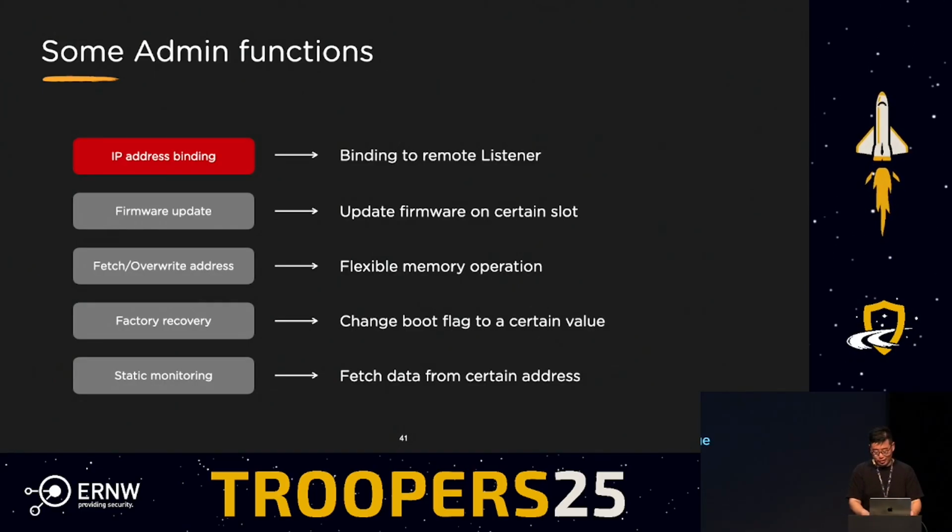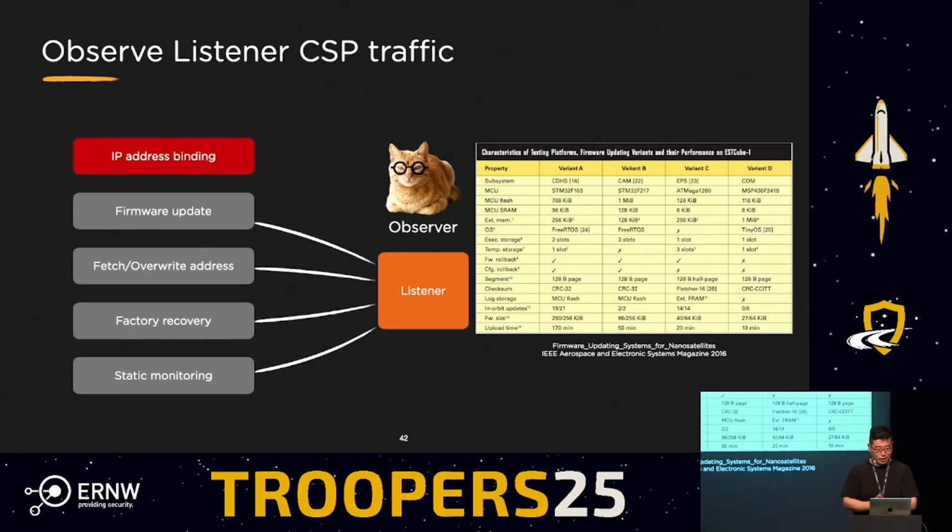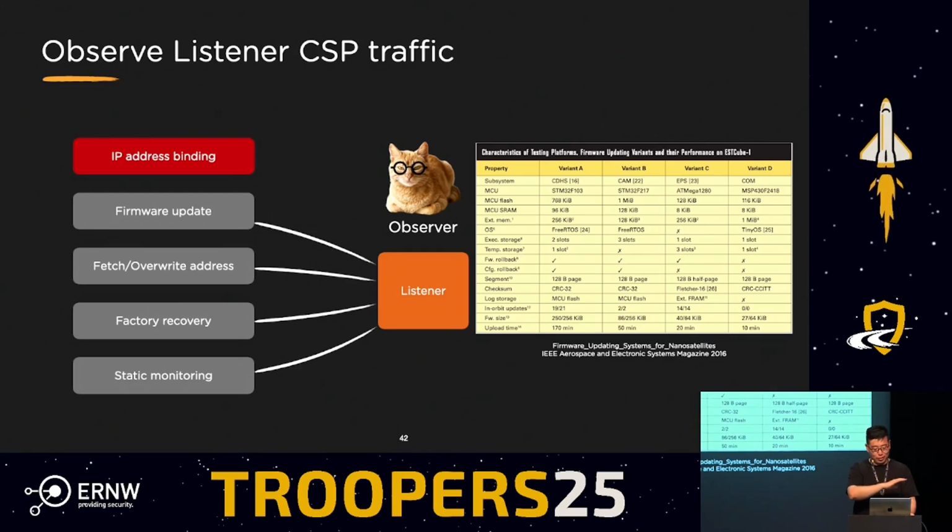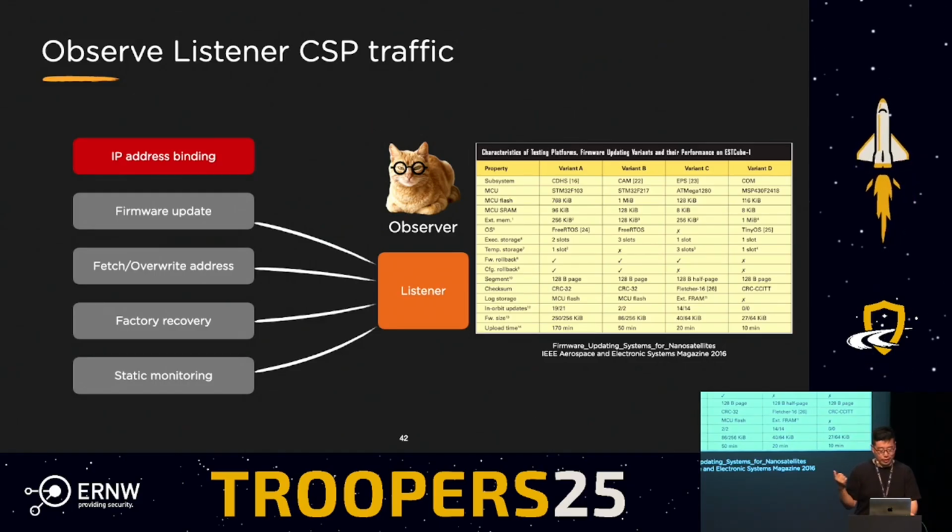So I just realized that I can use a listener, because I don't have to care about how they transfer the data. I only care about how they interact with the satellites.